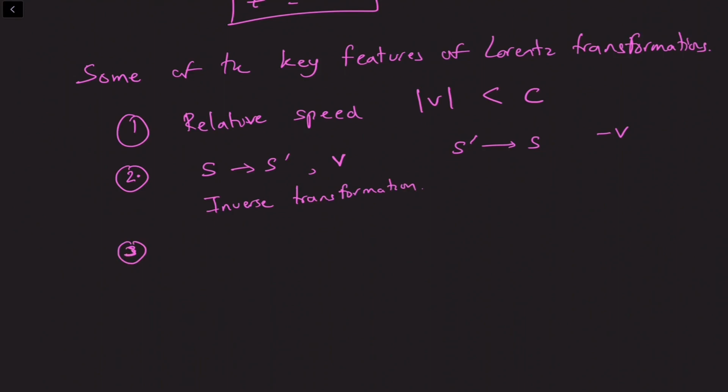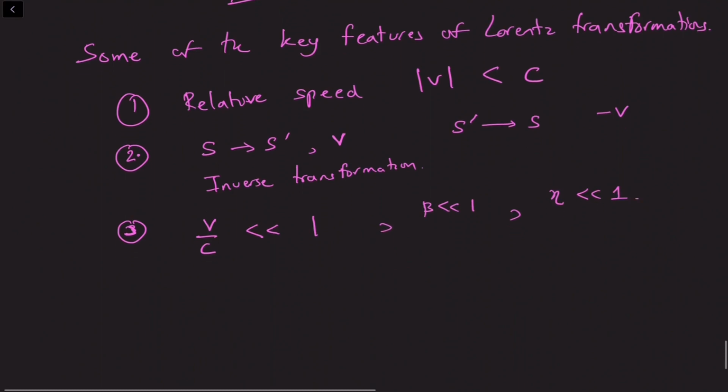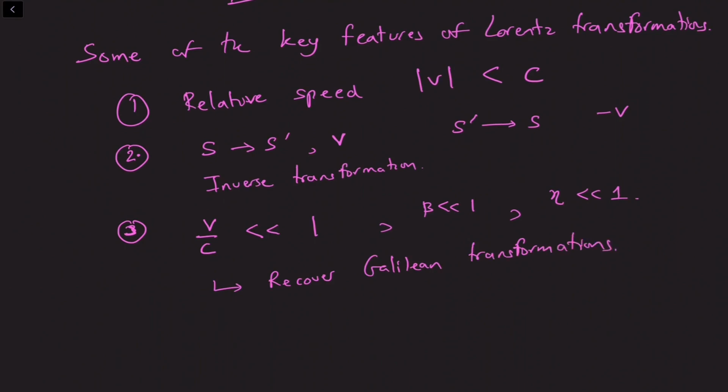And finally, we saw that in the limit that the speeds v by c is much, much less than 1, that is for small beta or equivalently small eta, we get back Galilean transformations. Which is why the ideas of special relativity did not really come about until we began to study light or things moving close to the speed of light.